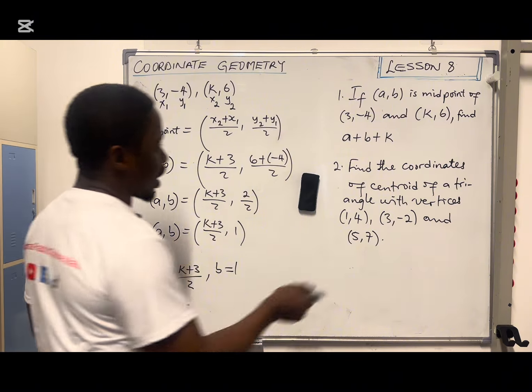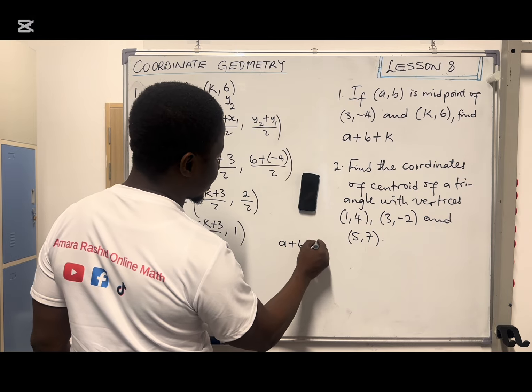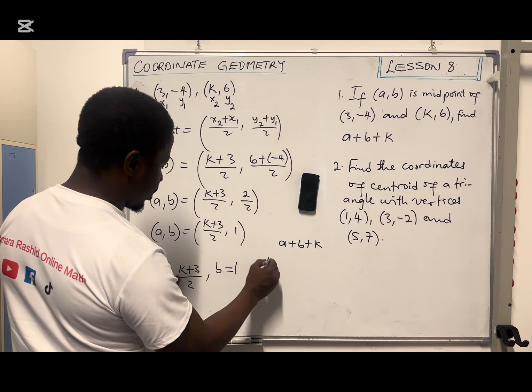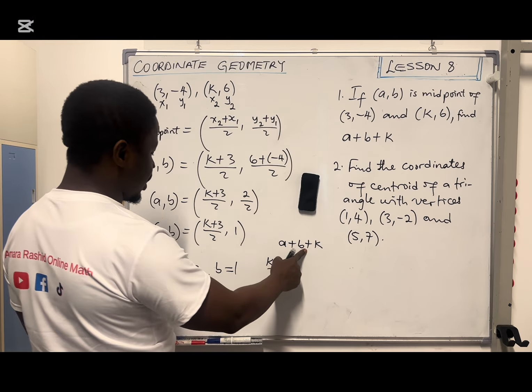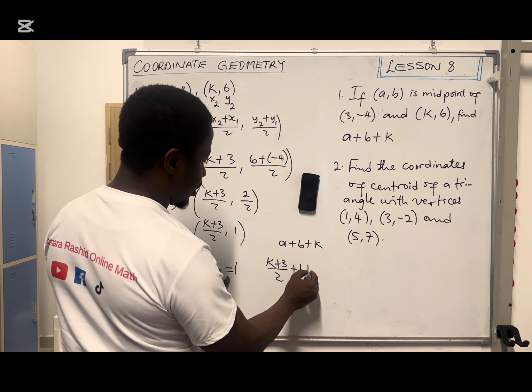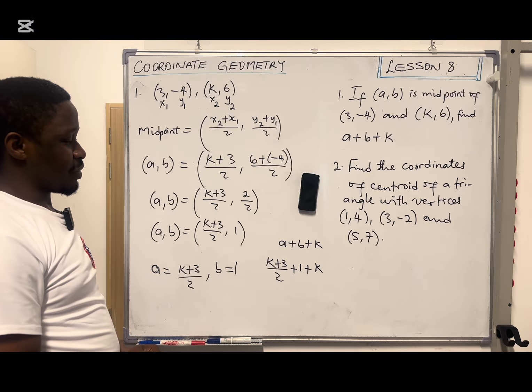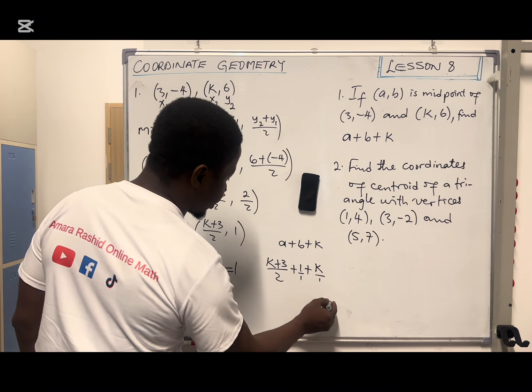But the question is to find what? Is to find A plus B plus K. What is A? A is this one, K plus 3 over 2. What is B? B is 1. What is K? K is a constant. Yes. So we give this one, we give this one. What is the LCM?